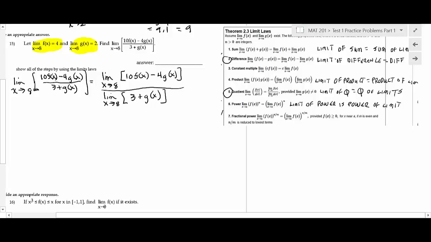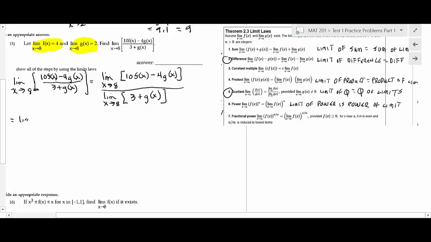So the limit of a difference is the difference of the limits. So we're going to write this numerator as the limit as x goes to 8 of 10 f of x minus, and let me erase this and bring this down a little bit so it's going to be a little clearer.